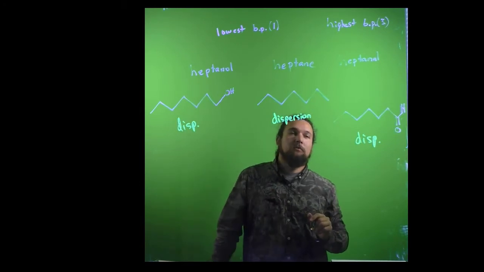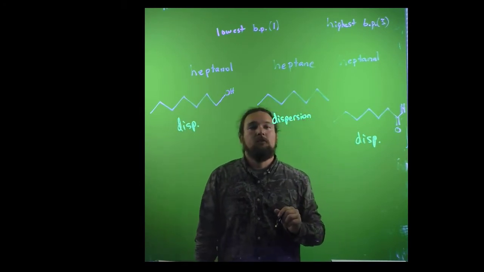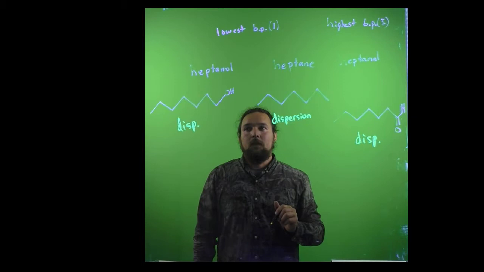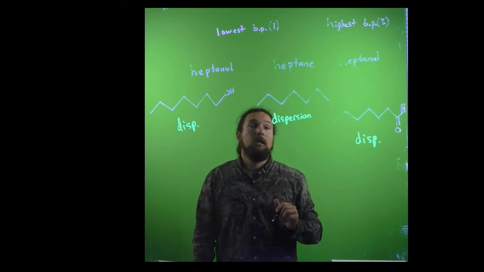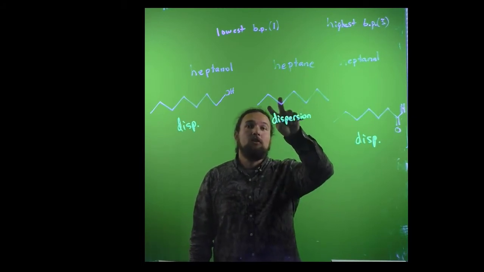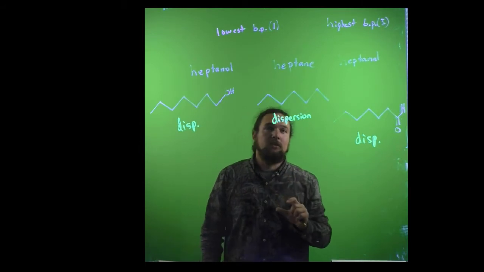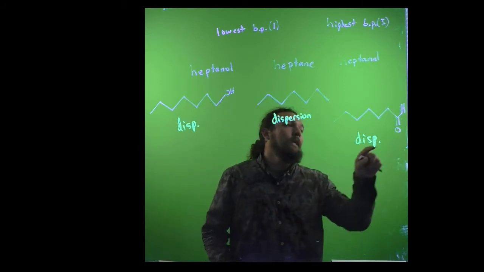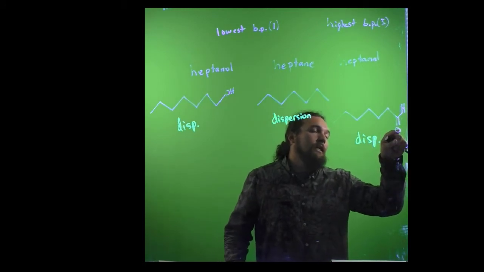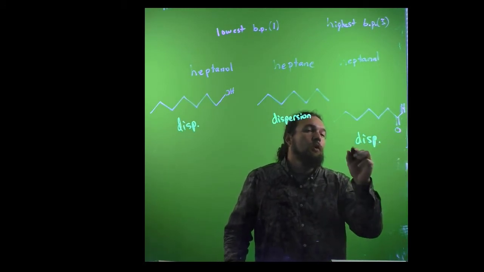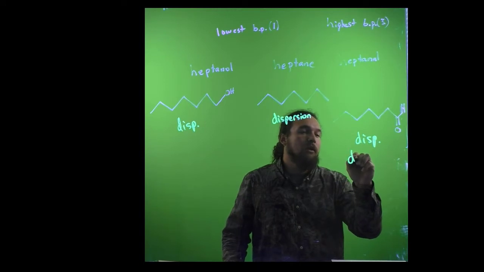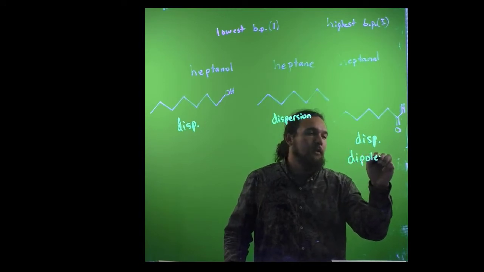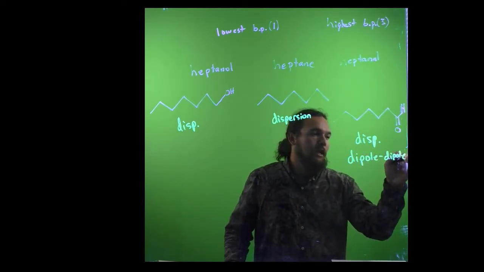Now the next strongest intermolecular force would be dipole-dipole forces. In this case, since carbons and hydrogens are very similar in electronegativity, there would be no dipole-dipole. Since we have a carbon-oxygen bond like we see here, we would have some amount of polarity, so this would have dipole-dipole intermolecular forces.